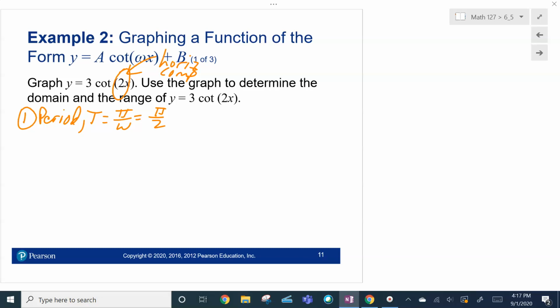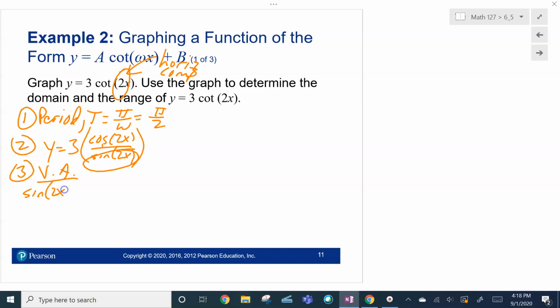And then number 2, you want to think about this as 3 times cosine of 2x over sine of 2x. In fact, let's go ahead and plot a few points on this after we do the vertical asymptotes. Where's this thing undefined? Wherever the sine of 2x is 0. And well, we know the sine of 0 is 0. So in other words, what x value causes that to be true? X value is 0.